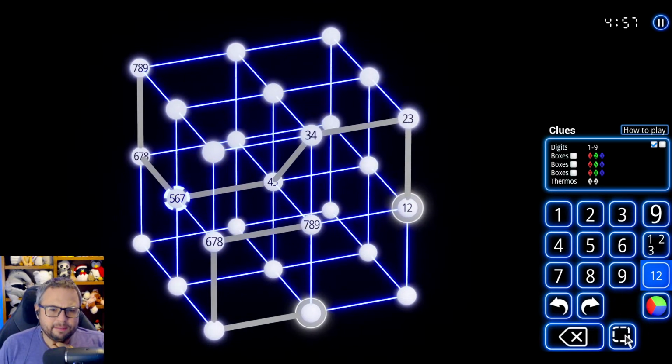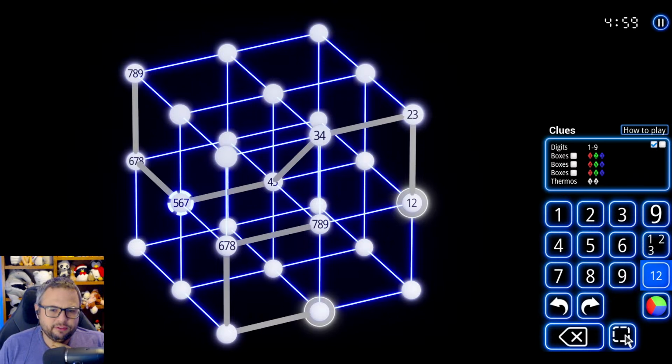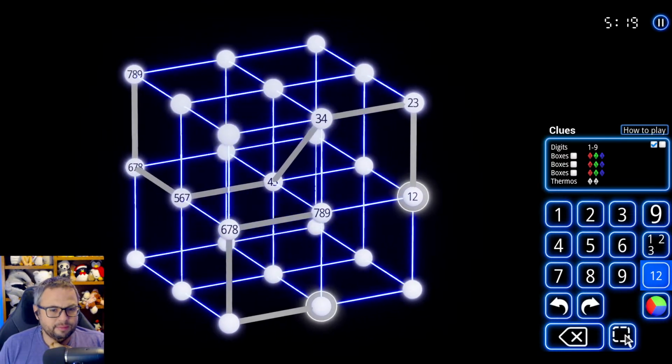So am I supposed to think about the overlapping digits between these two? Because there have to be at least 2 overlapping digits because there's 11 total thermo cells. It's probably going to be these 2, but I'm not quite sure. Let's see. J40 says the two outer faces share 3 digits, but contain 6 digits from the thermo.